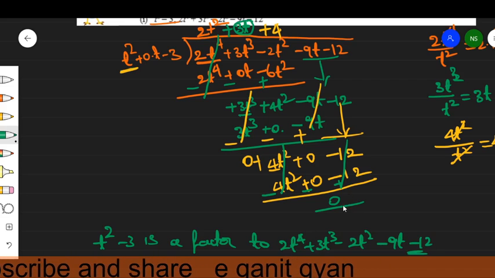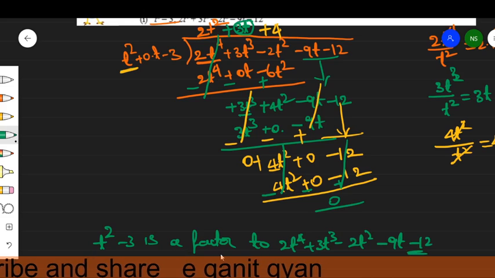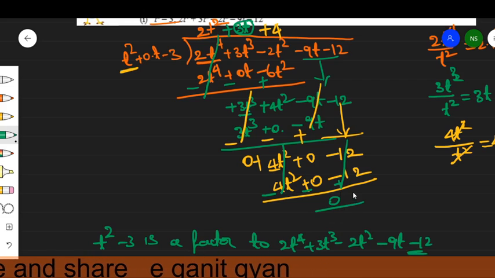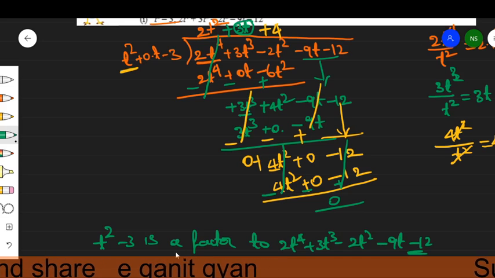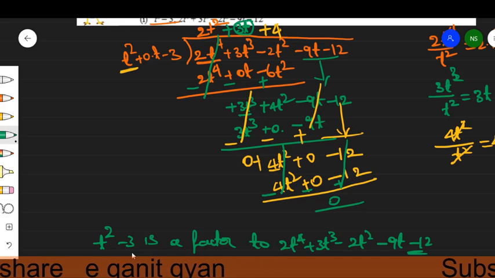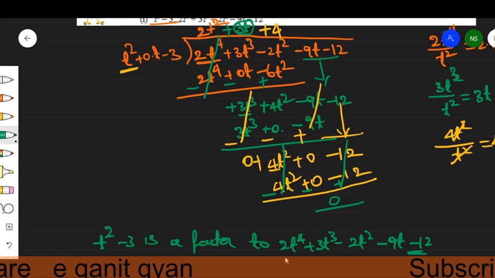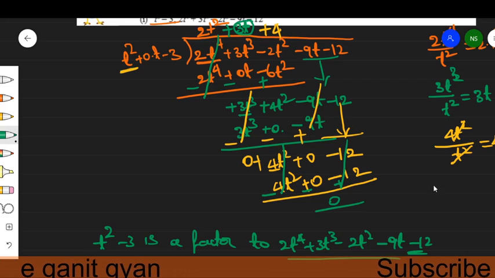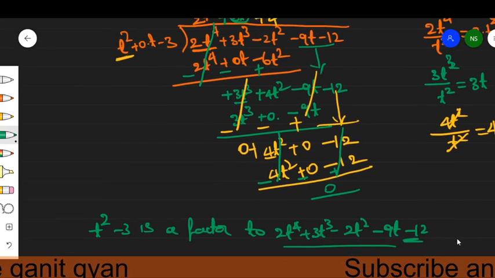If we don't get 0, we will say it is not a factor, but we are getting 0 in this particular question. So we will write t square minus 3 is a factor of the second polynomial. Like that we will mention.